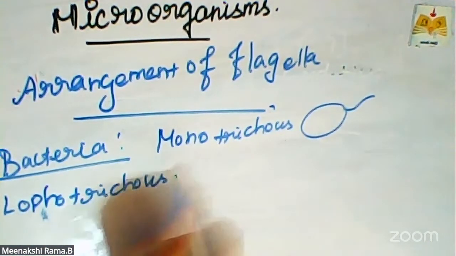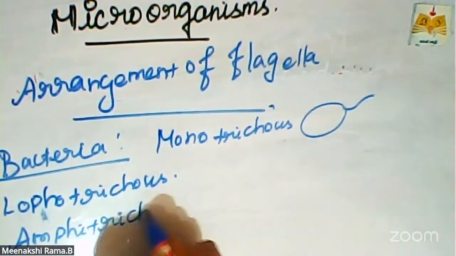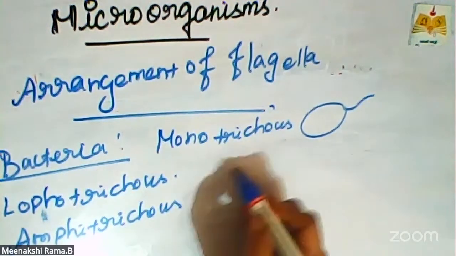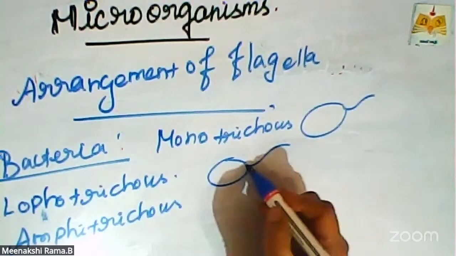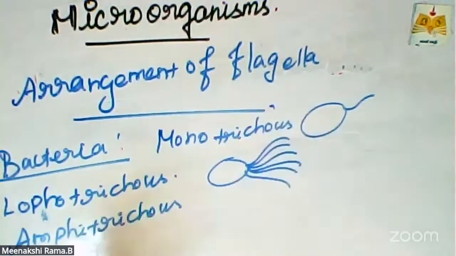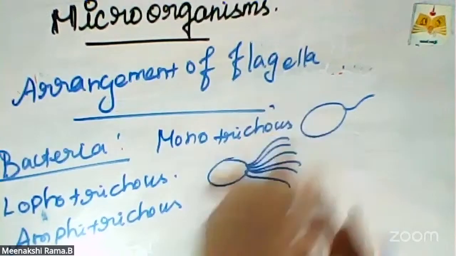Lophotrichous, amphitrichous. Okay. So lopho means a bunch of flagella on one side, more than one flagellum present on one side.